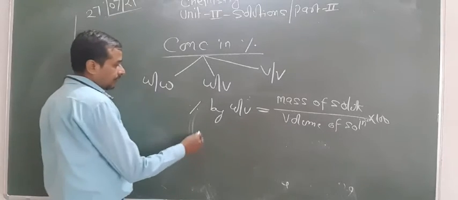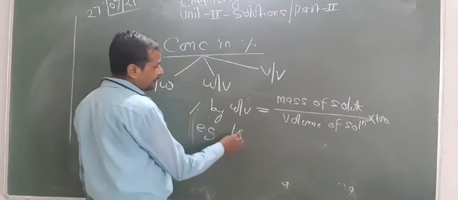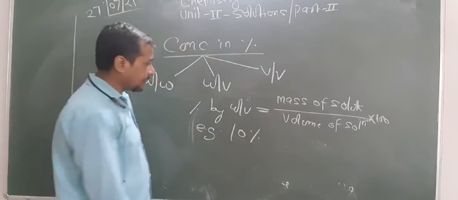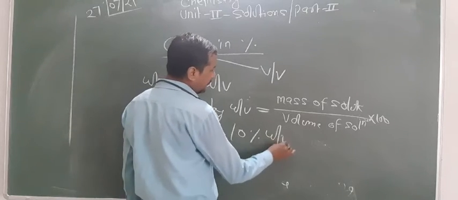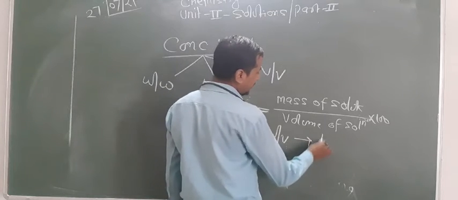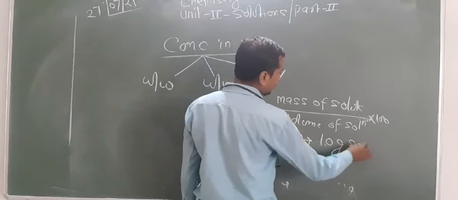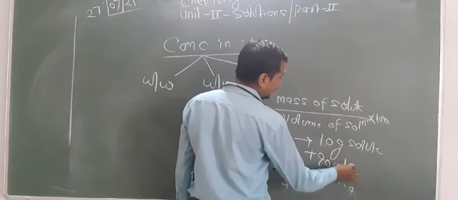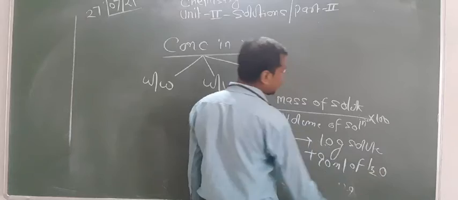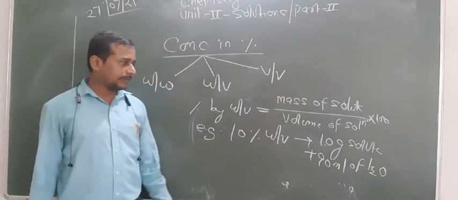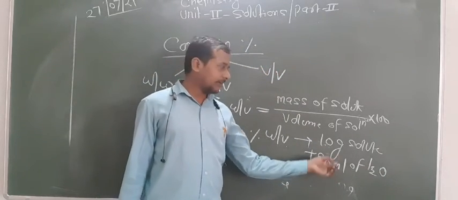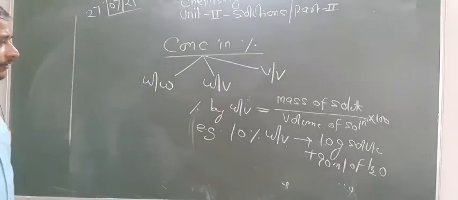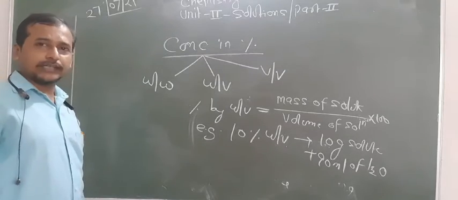Here, for example, 10%, 20%, 5%, 0.5%, whatever is given, weight by volume. So that means 10 gram of solute plus 90 ml of solvent. Your solvent is basically water, as you know that water is the universal solvent. If nothing is given, in that condition we can take water as the solvent.